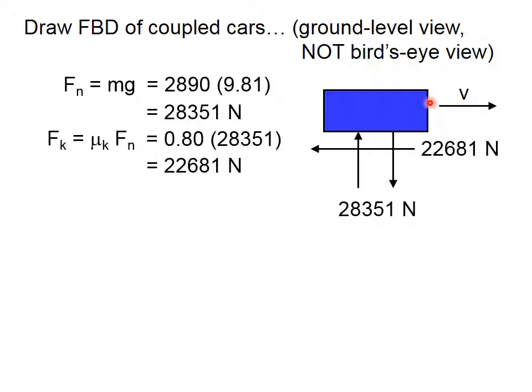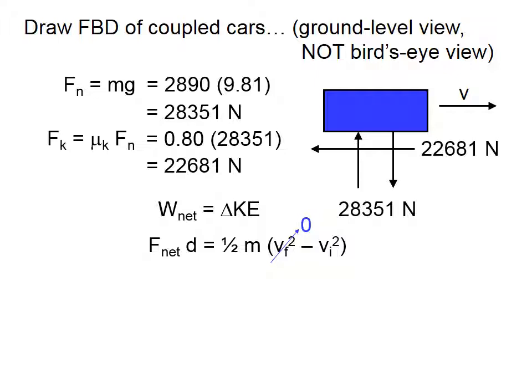Now remember that this V arrow is not a force. We're just showing that this mass is sliding to the right. That's it for the forces on this mass. Because we have friction, we're going to use the work kinetic energy theorem. Hopefully you can see the final velocity will be 0.